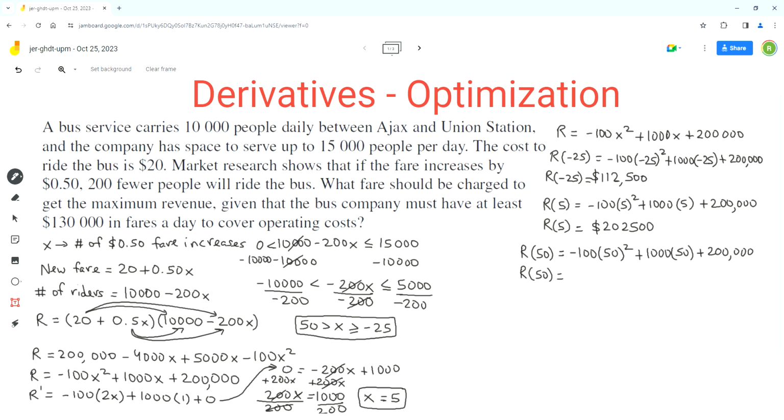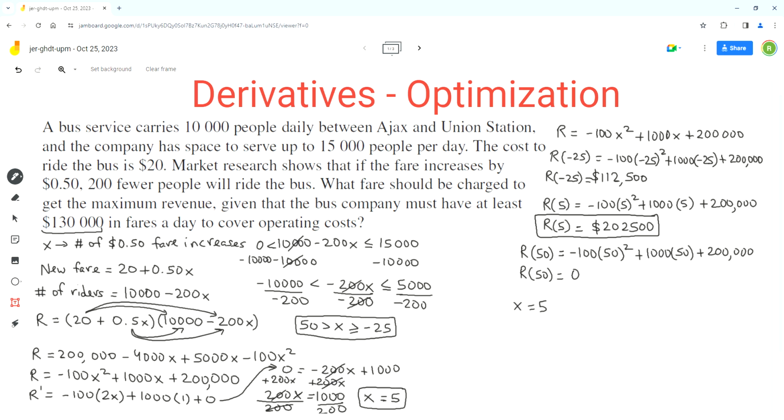So I got 0. Now we have to find the fare that maximizes revenue, and we got the maximum revenue for x equals 5. And this revenue exceeds the minimum revenue that the company wants to earn, the 130,000. That means the valid value for x is 5.